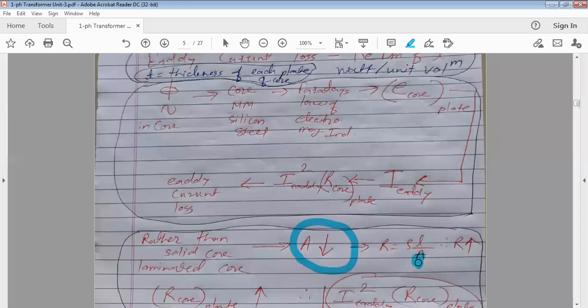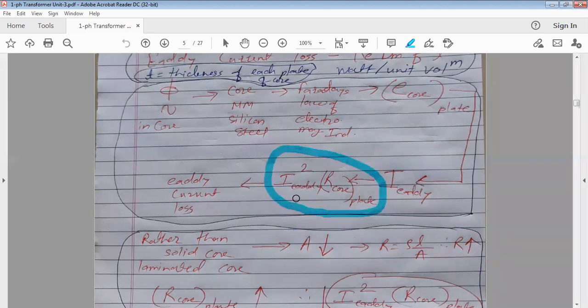So if you minimize the cross-sectional area, what will happen to the resistance of the core? It increases. If resistance increases, then the current flowing through the core will be less, isn't it? And what is the eddy current loss?